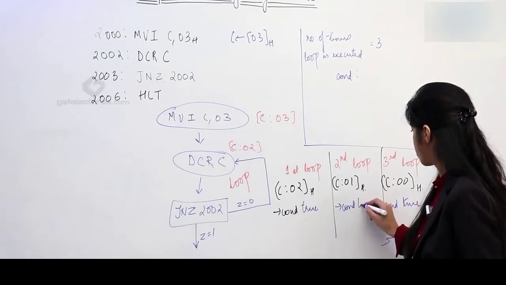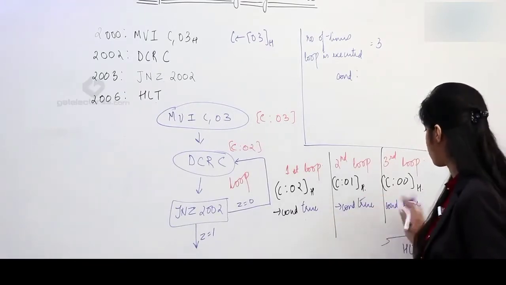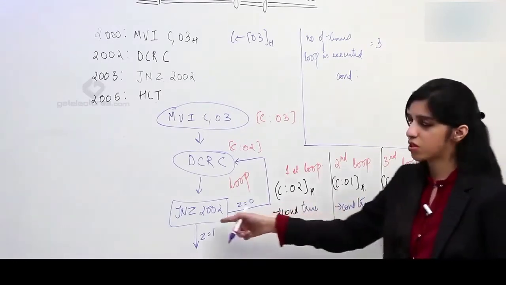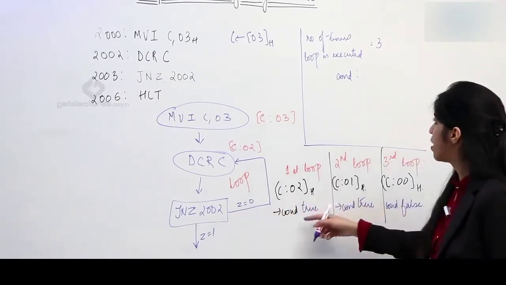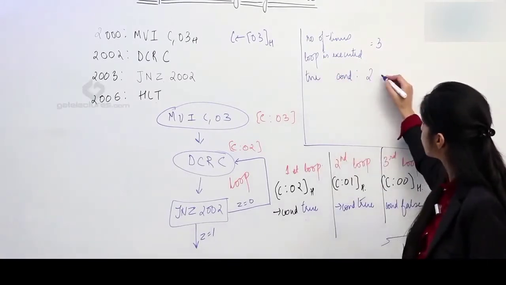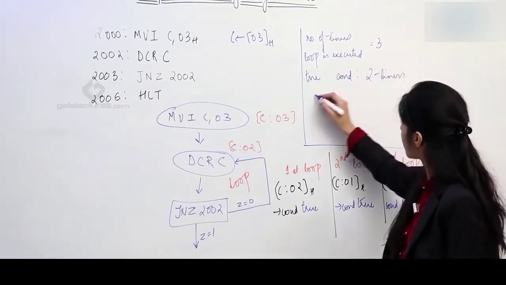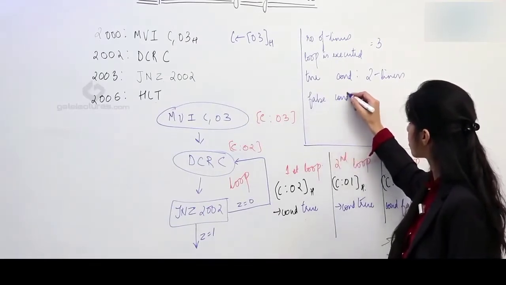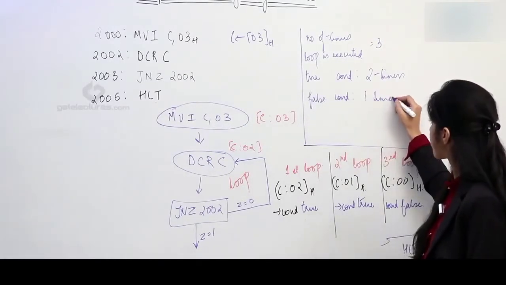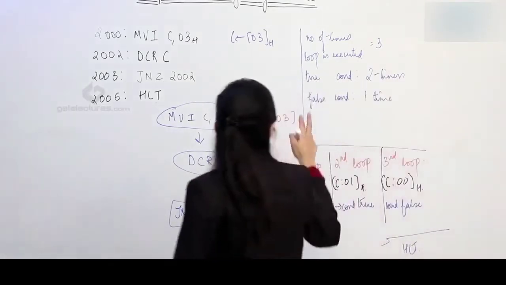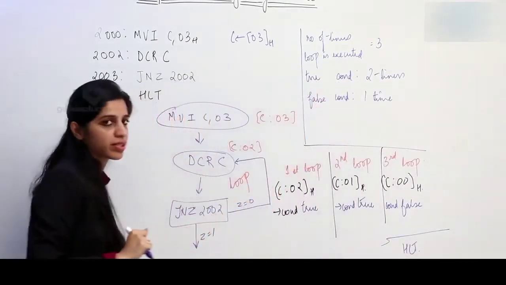Just make a correction: this one is condition true and this one is condition false. Condition false means C was 0, so we exited the program. For the true condition we executed the loop 2 times, and for the false condition 1 time. Total 3 times the loop was executed, 2 for true condition and 1 for false condition.